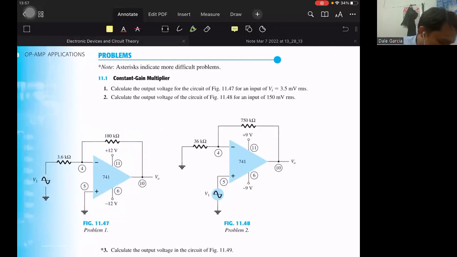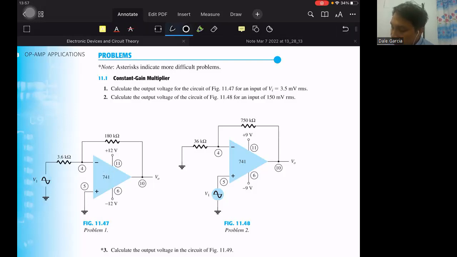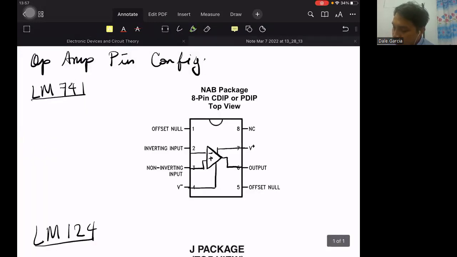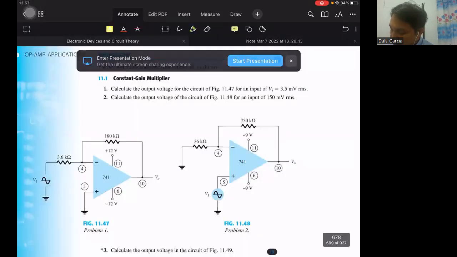Although the pin configuration is not related to solving these, try to notice how come pin 10 is the output here. For the 741, the output is supposed to be pin 6.